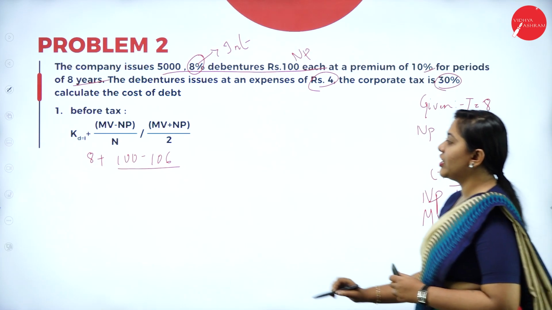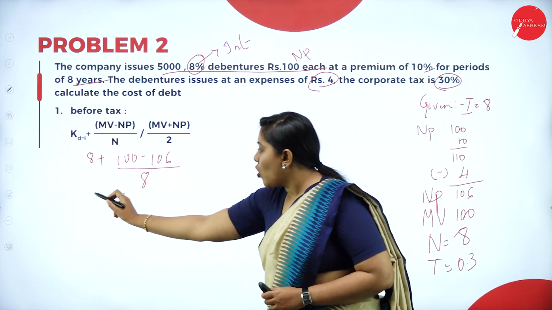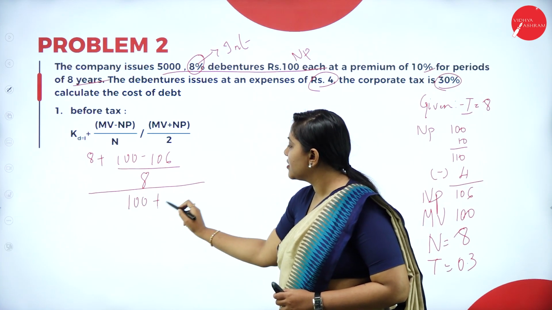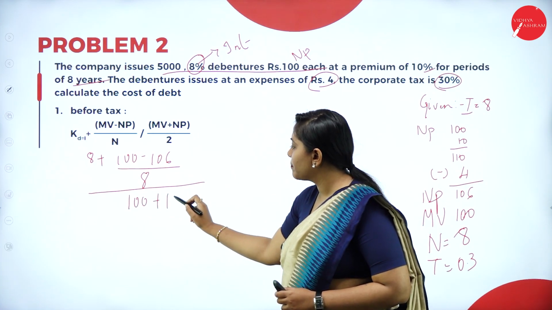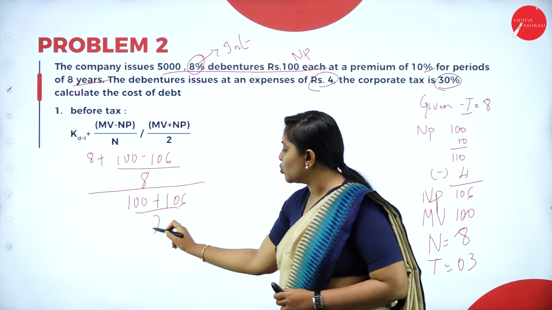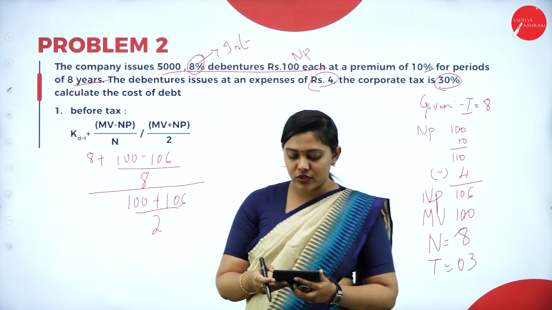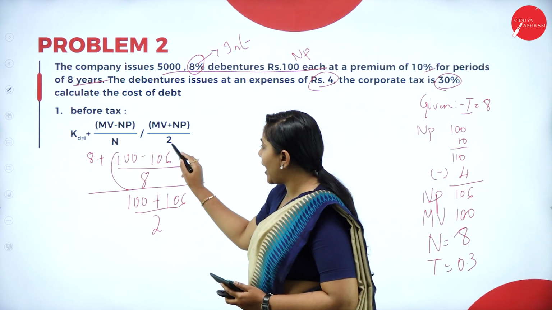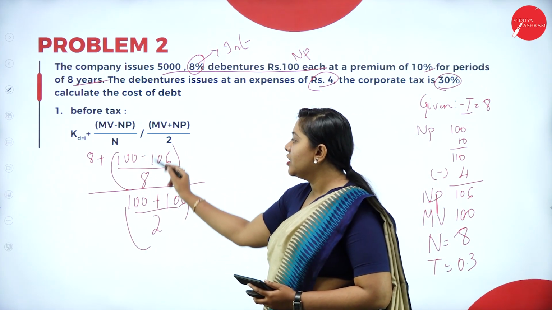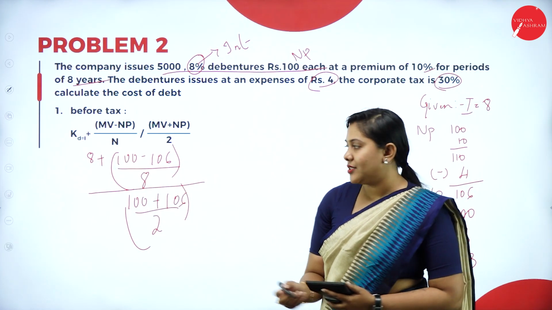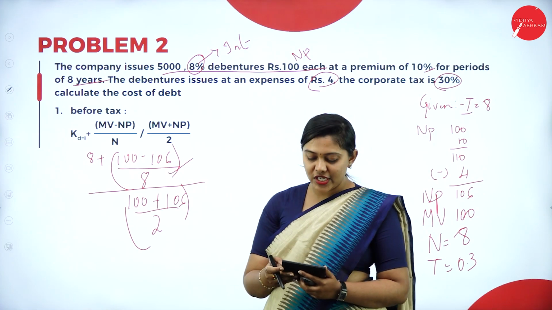What is the number of years? 8 years, whole divided by maturity value plus net proceeds divided by 2. So this is the formula. So now use the calculator and find out the answer. First solve this bracket, second solve this bracket, then add the number with this and then divide it with the denominator. Now let's solve this bracket first.